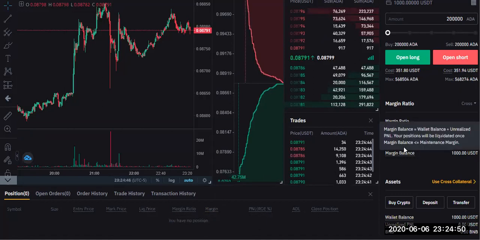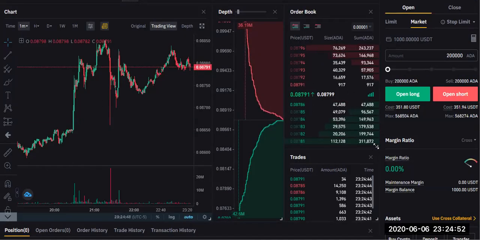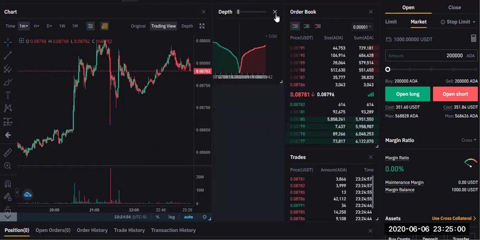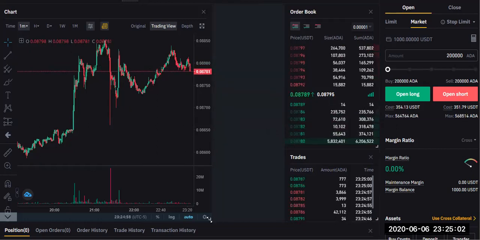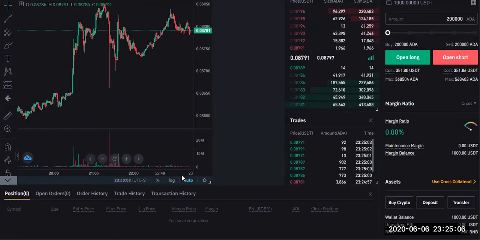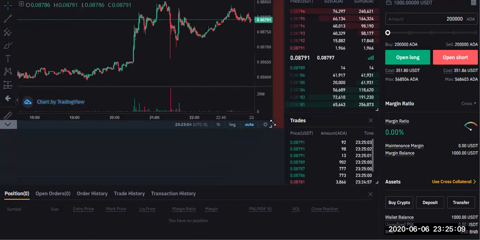Now, I want to show you guys this. I have made a custom one, okay? Now, this right here, the depth, I think is complete trash, so I'm going to X that off. Boom, gone. Because what I don't like is if I'm trying to use a calculator at the same time, I can't really see the order. So I'm going to make this a little bit smaller.